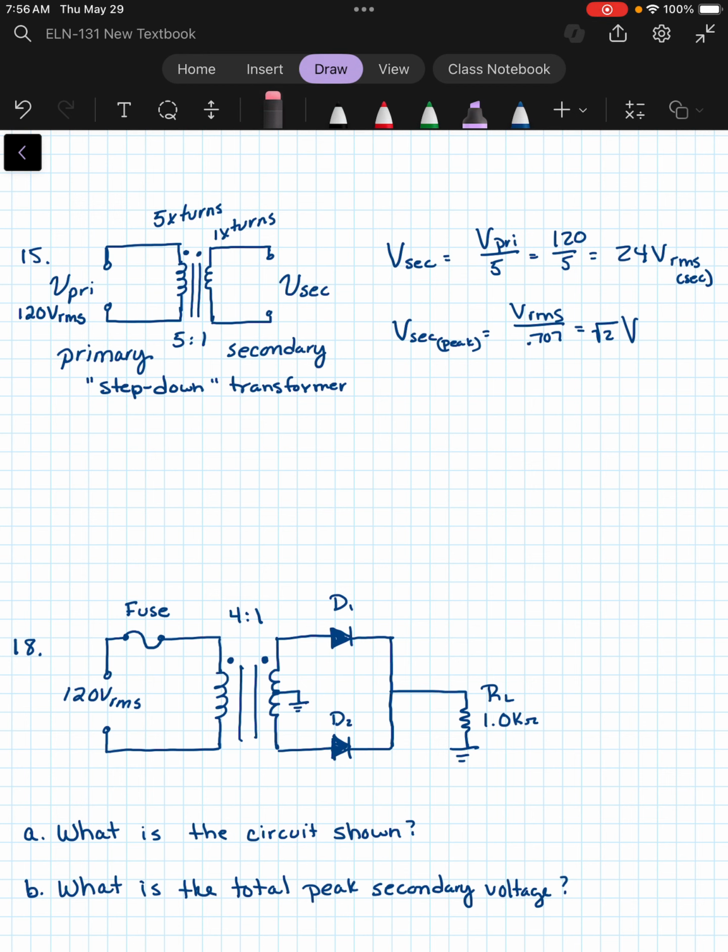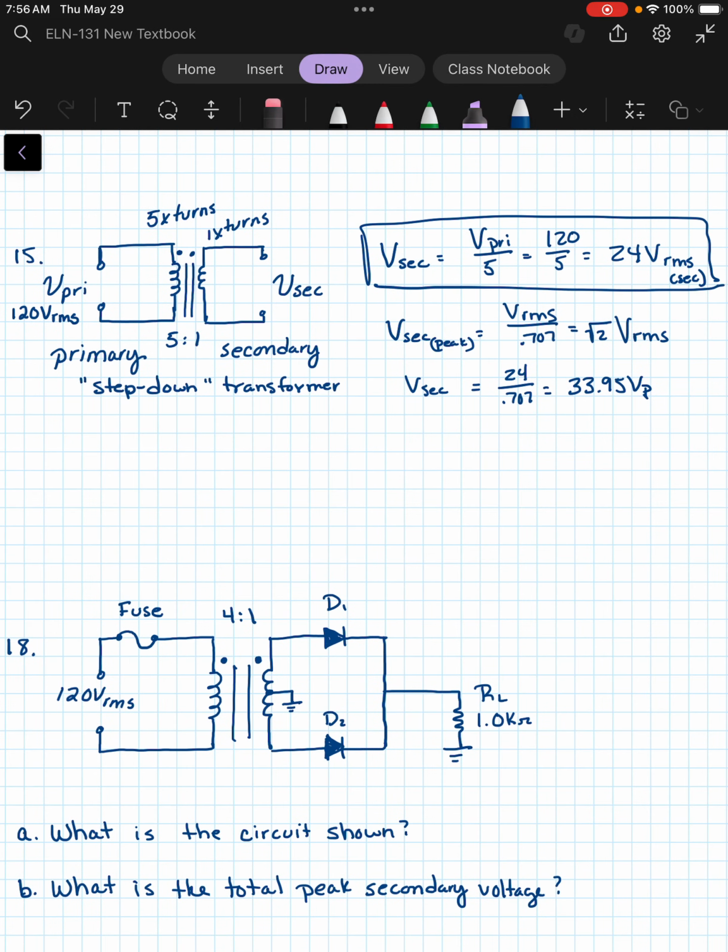Those are the same thing. Again, I like to include both because you'll see both if you search for this online. So 24 divided by 0.707 would be 33.95 volts peak for the secondary.